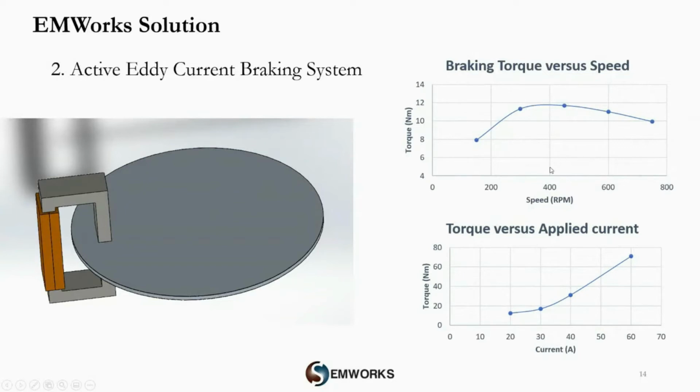So if you are thinking that the higher the speed, the more torque, at one point it's going to start going down. And this one shows the torque as a function of applied current, because you have a current in the coil.